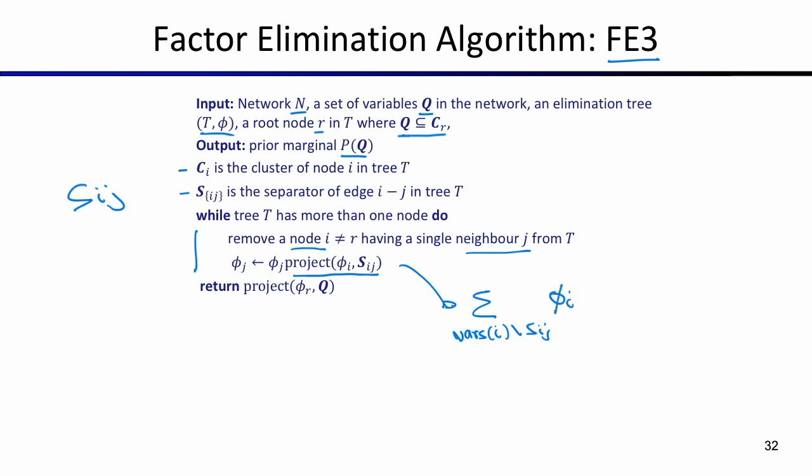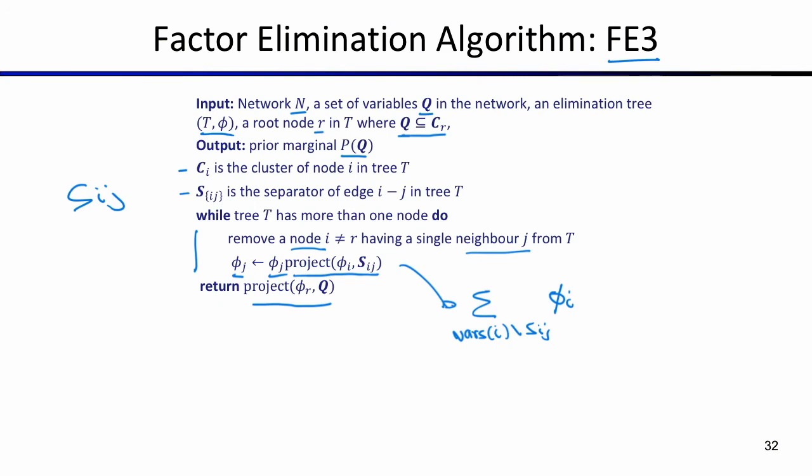And if you multiply this by phi_j, this is the process of eliminating one factor, and this is going to be the new factor phi_j. And we do this process until we have just one node, one factor, and at the end we project that factor over the variables in Q.